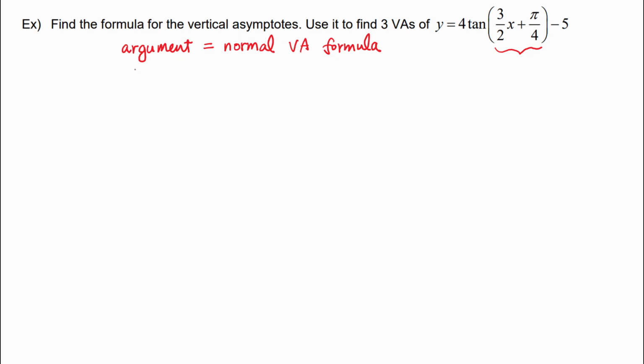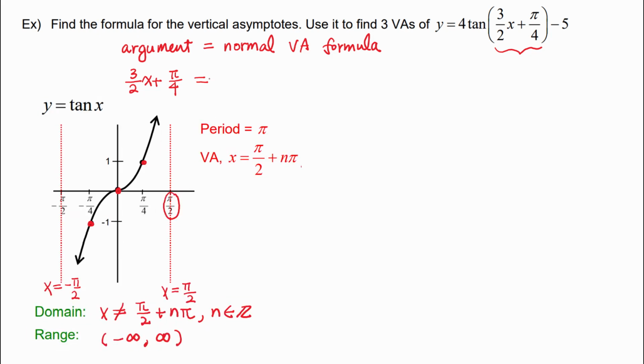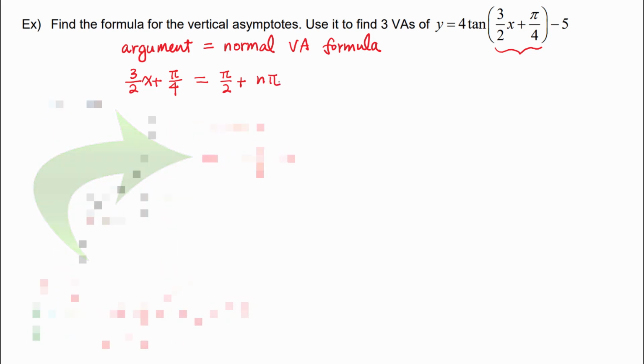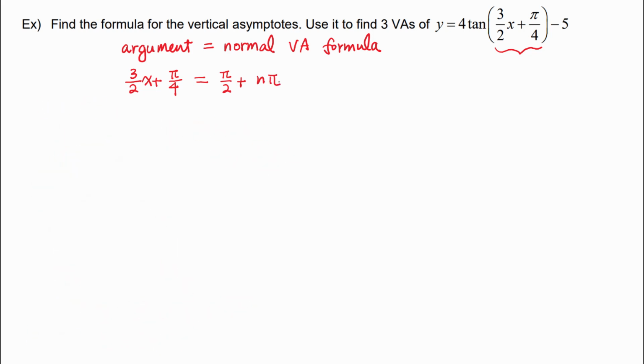So you're going to set 3 over 2x plus pi over 4 equal to the normal vertical asymptote formula for tangent. For tangent, recall, vertical asymptotes can be found by the formula pi over 2 plus n pi. Now you solve for x, and that will give you the new formula for finding vertical asymptotes after the transformation.